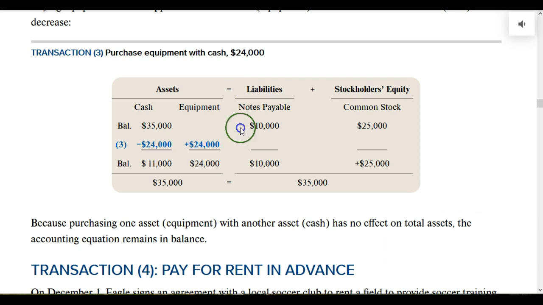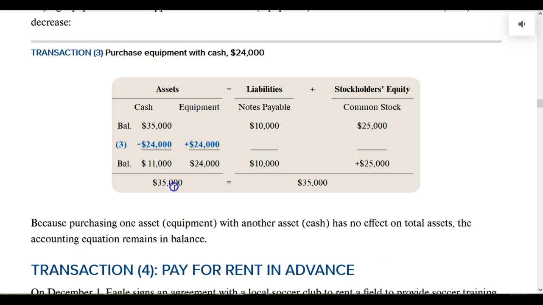Notice nothing on the right side of the equation is affected. I never said you had to have an account on one side of the equation impacted and on the other. You always have to have at least 2 accounts impacted. They both can be on the same side. So with cash having $11,000, equipment $24,000, it totals $35,000.